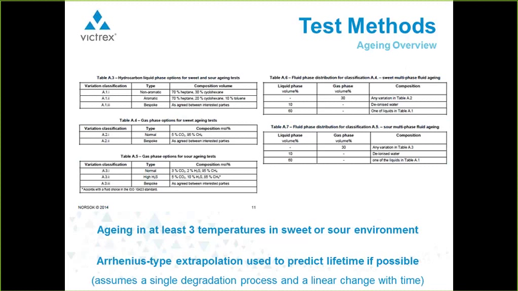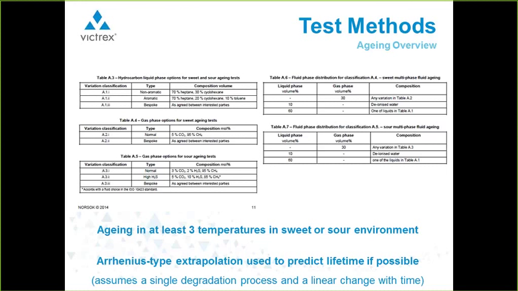The required environment, as I say, can be aromatic or aliphatic. It can be a high or low sour gas content or sweet, and is selected from the tables provided. But in all cases, there is the possibility of using a bespoke environment as agreed between the vendor and the purchaser.